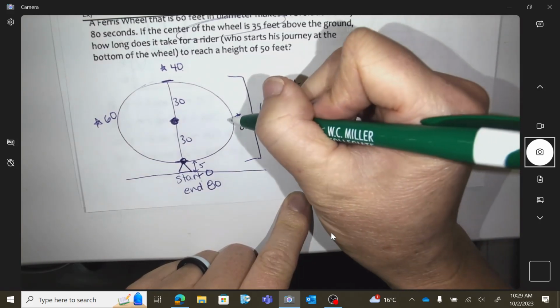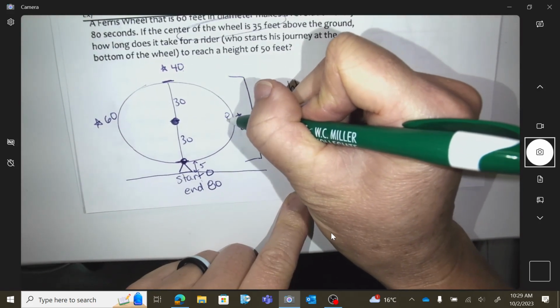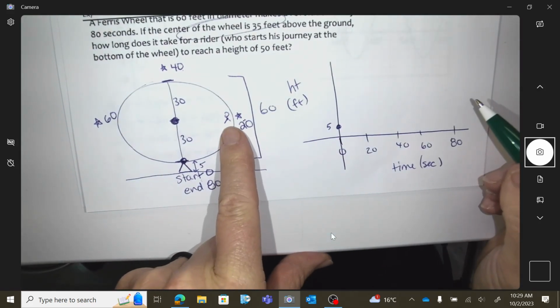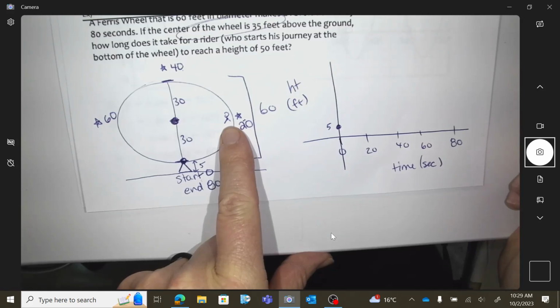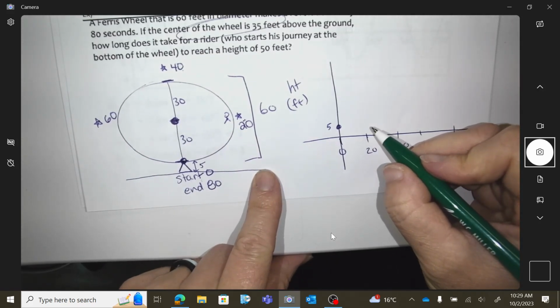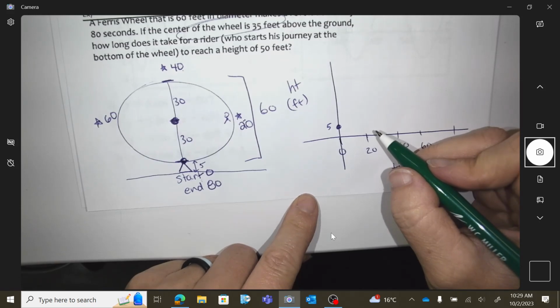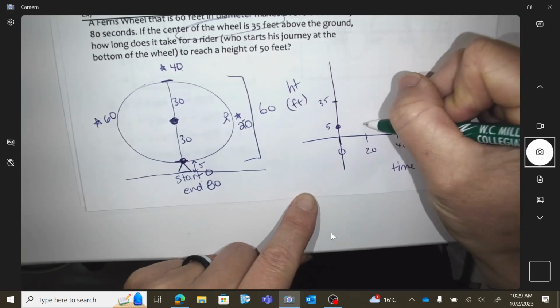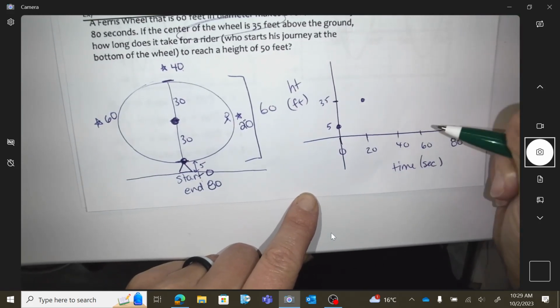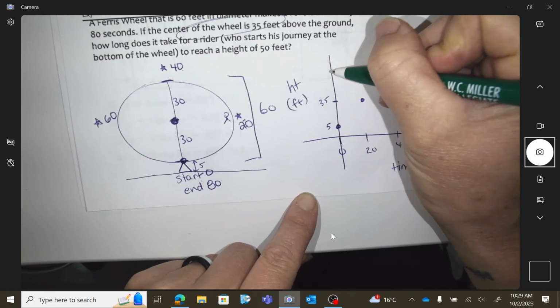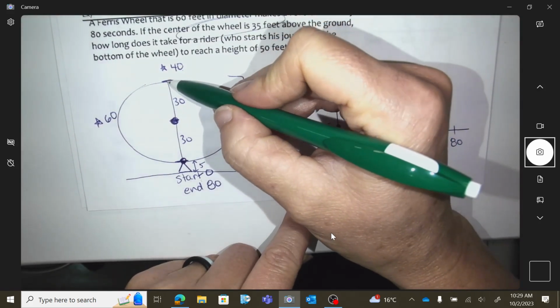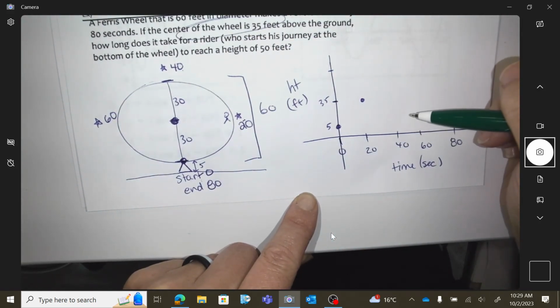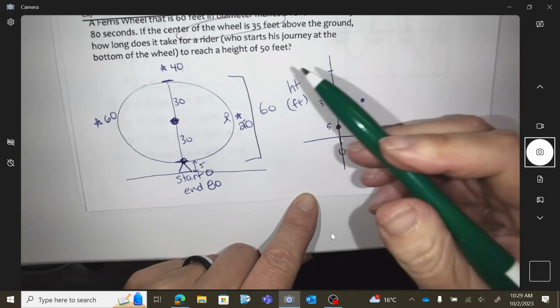Okay, ready? Now you are on this side over here. So 20 seconds. What's your height off the ground right now? 35. And then when you are at the top, your height off the ground.